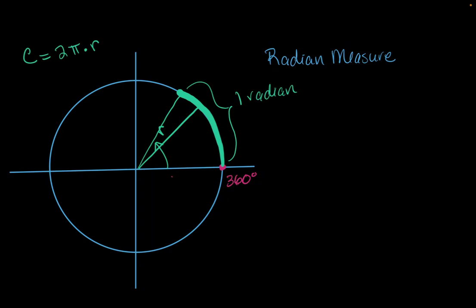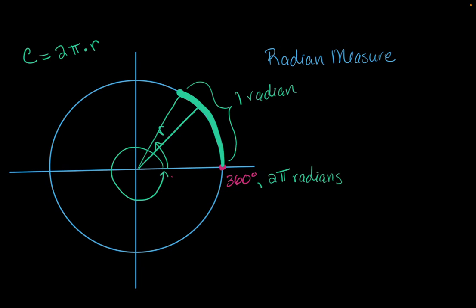So there are actually 2 pi of these radiuses, or radii, which is plural for radius. There's 2 pi of these radians around a circle to make 1 full revolution. So if you go 1 full revolution around your circle, that's equivalent to 2 pi radians.